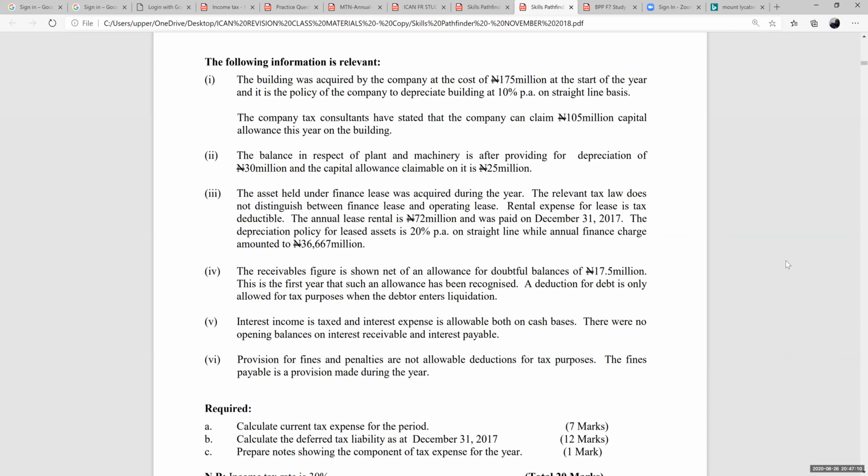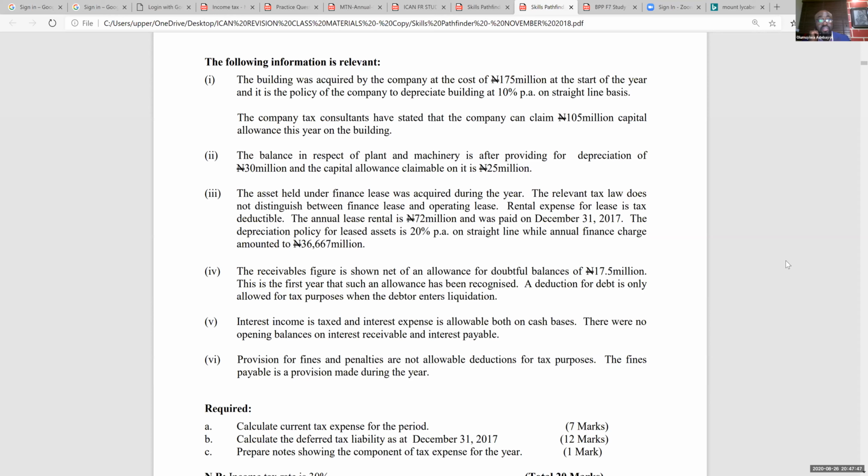And it is the policy of the company to depreciate buildings at 10% per annum on a straight line basis. The company tax contribution have stated that the company can.